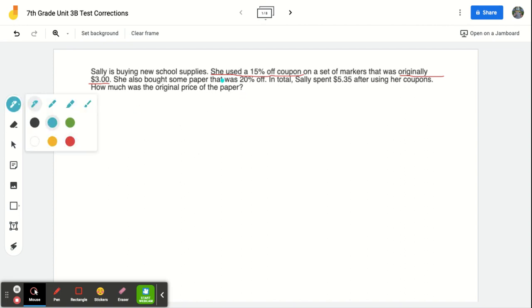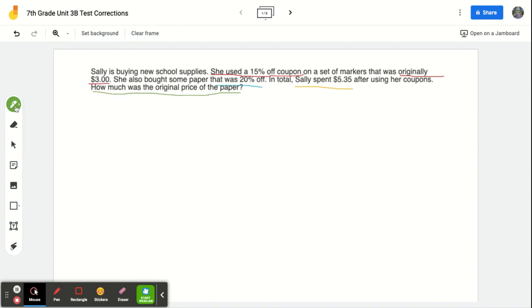And she has a 20% off coupon for some paper. And then the total, we're told, is $5.35 with the coupons.